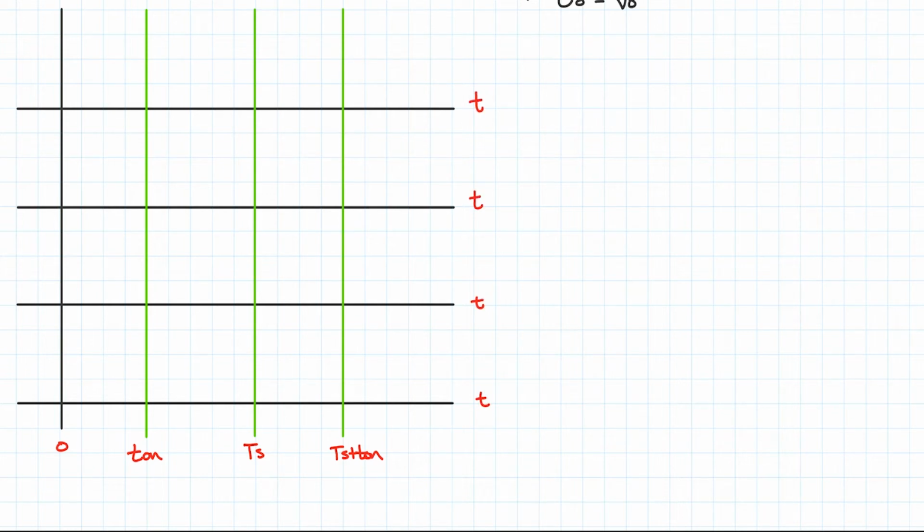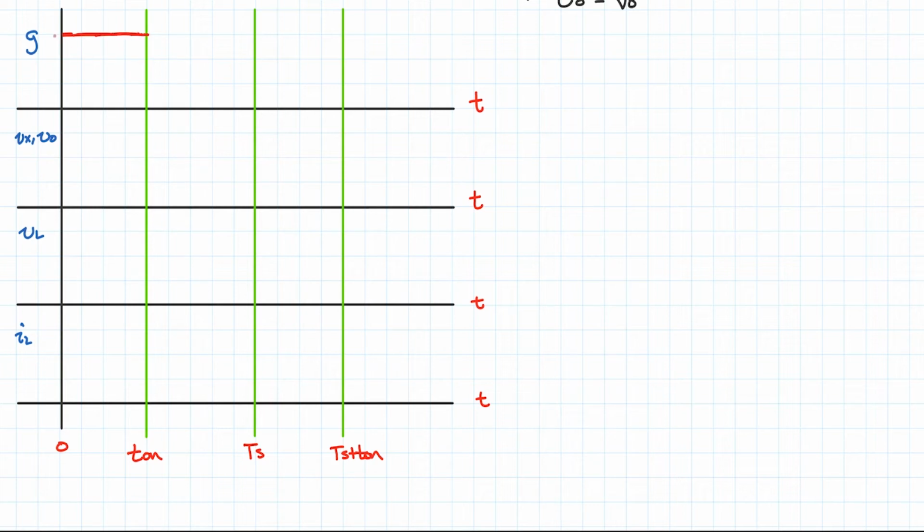The parameters that we're plotting: it's usually a good idea to plot G first, because that's what's controlling the behavior. Here we'll plot Vx and VO. Here we will plot VL. And here we'll plot IL. So G varies between 0 and 1. Let's imagine it starts off being 1.